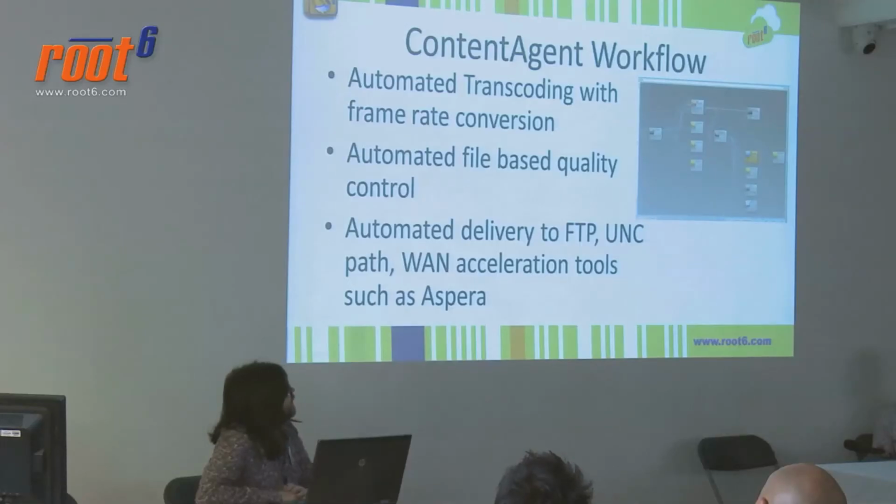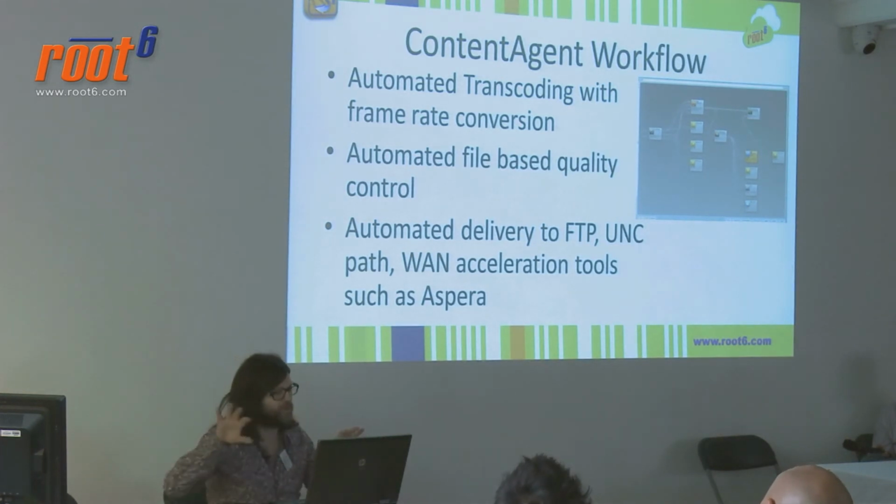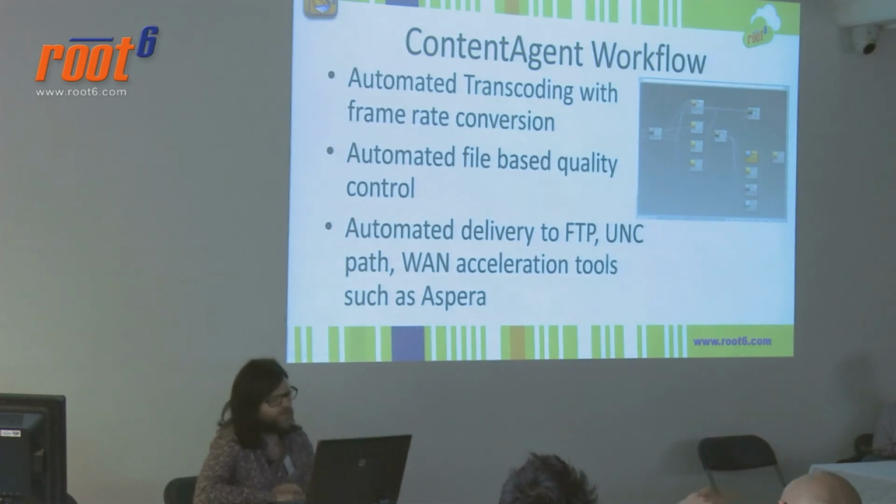again, it's giving you the file-based speed rather than having to go back through baseband video. And the key thing is, within our workflow tool within ContentAgent, it doesn't just do a transcoding from one format to another and then the frame rate conversion. You can obviously add on other processes, so you can add in a file-based quality control process after it's done this transcode and frame rate conversion, and then it can automate the whole delivery process.